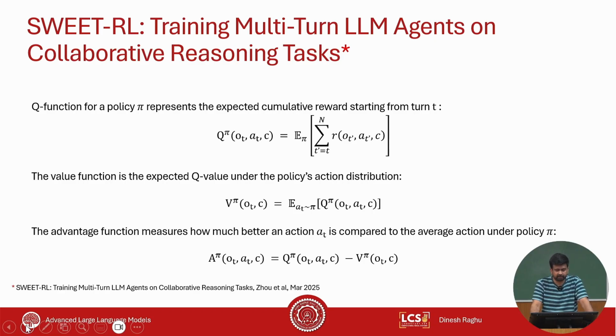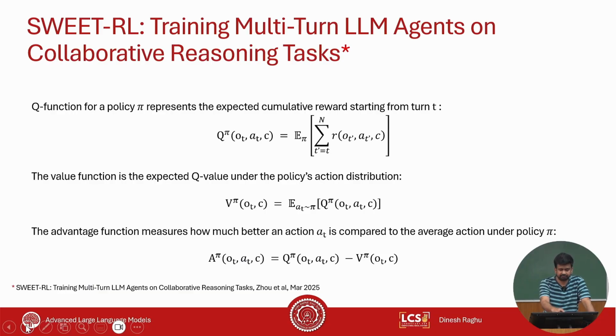It is the expected Q value under the policy. The policy will have an action distribution, that it won't take all the actions with the same probability. It will have higher probability with some actions and lower probability with some actions. So what is the expected Q value that I will get for this particular policy's action distribution? And they also define something called an advantage function that measures how much better a specific action AT is than other actions.